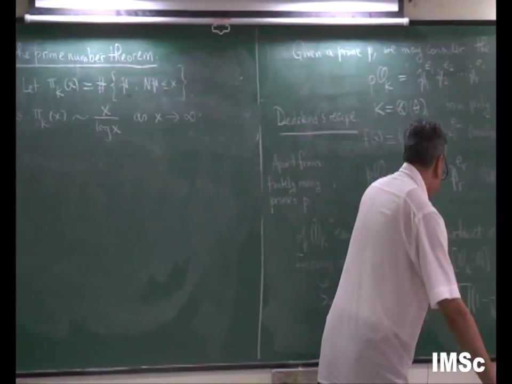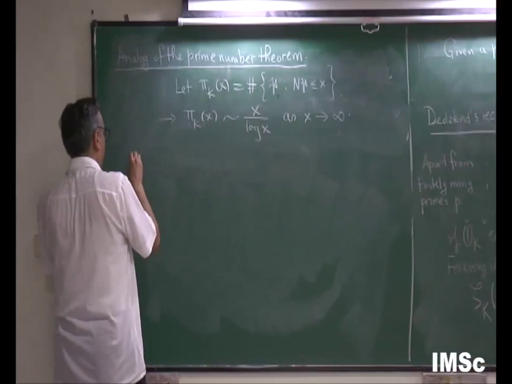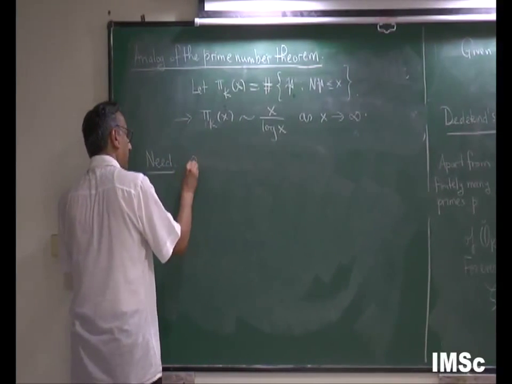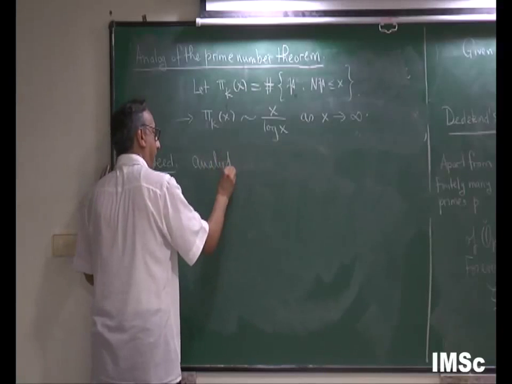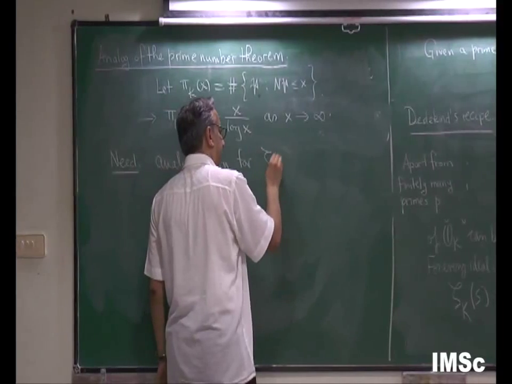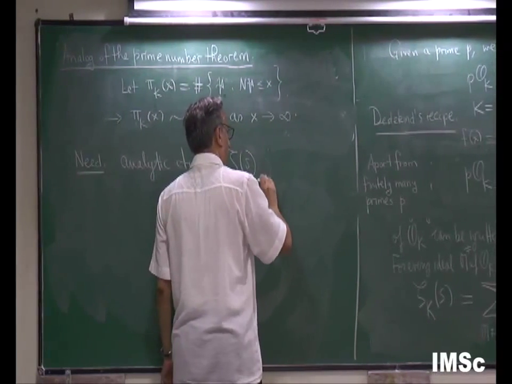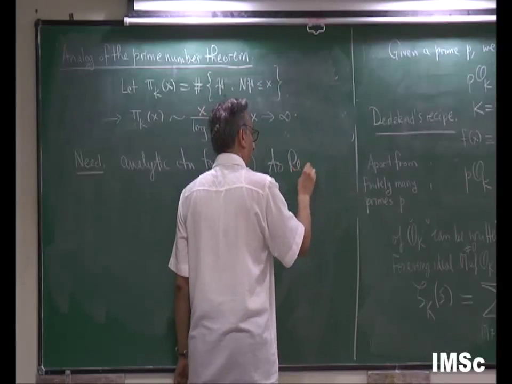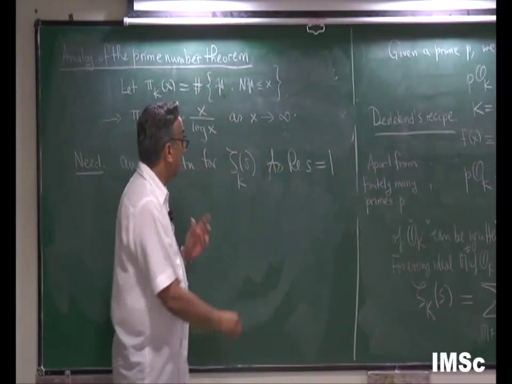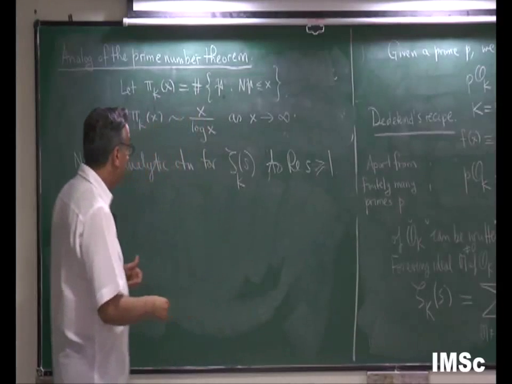Well, I have this factorization. We need an analytic continuation to real part s greater than or equal to 1, except for a simple pole.